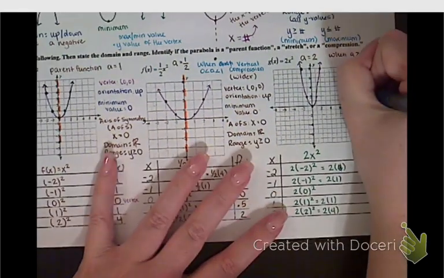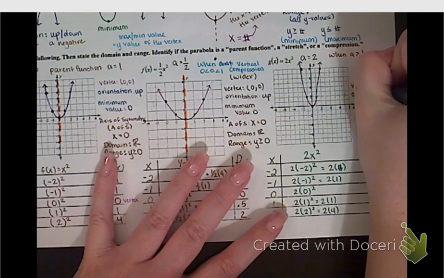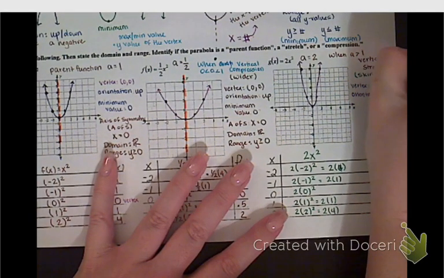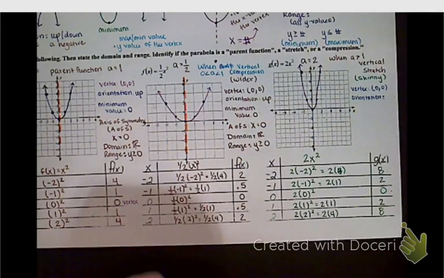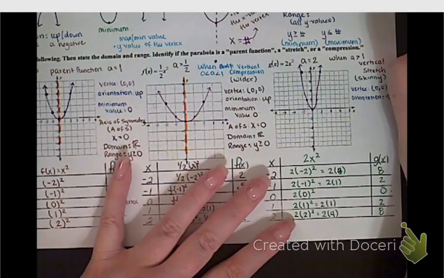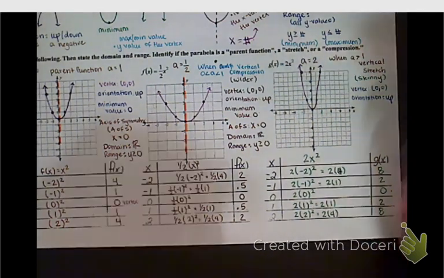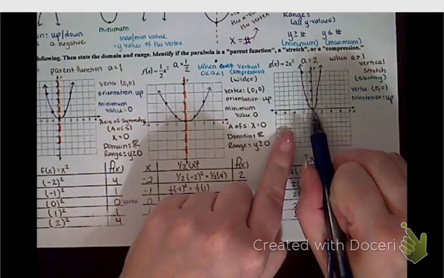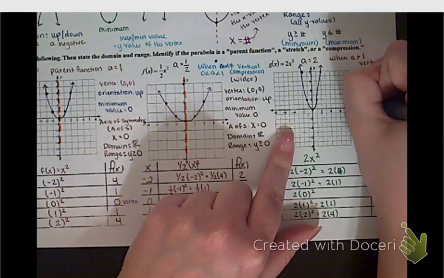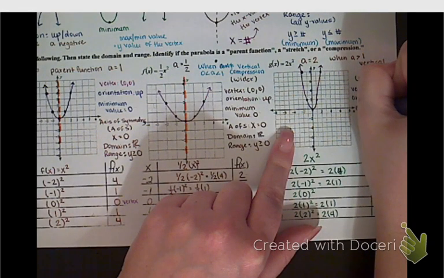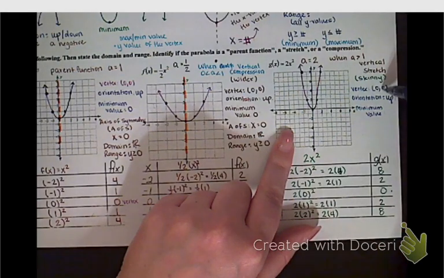The orientation of my graph is that it's facing up. Because it's facing up, I have a low point. So I have a minimum value. And that minimum value is the y value of my vertex. So my minimum value is 0.